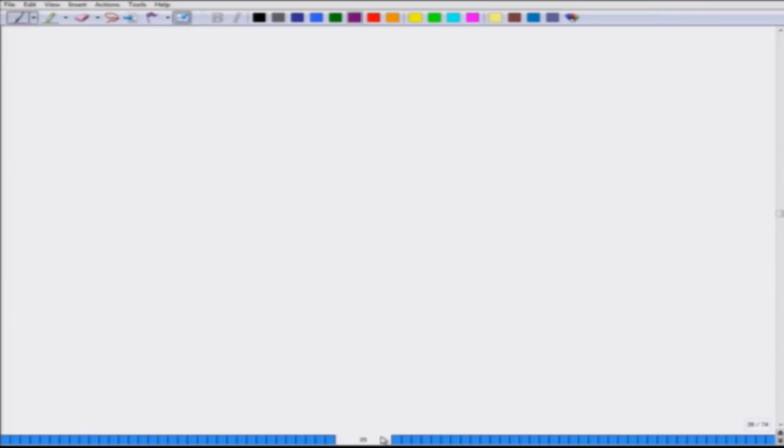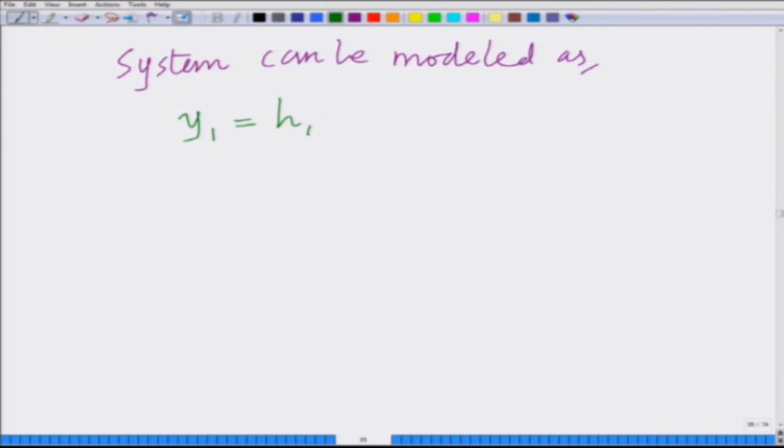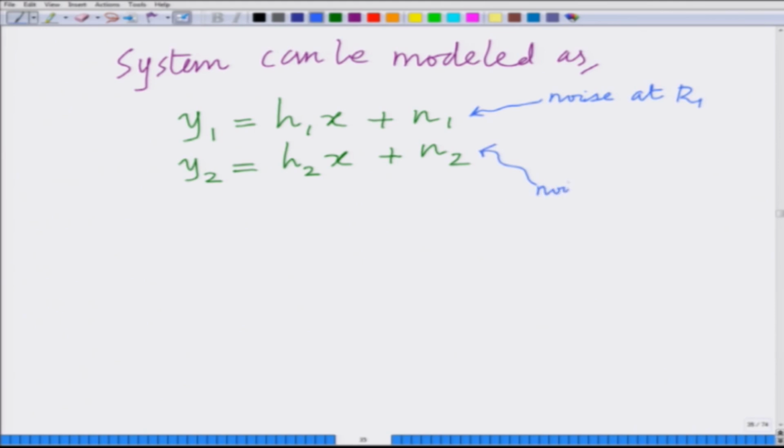Now, we would like to develop a model for this system. The system can be modeled as Y1 equals H1 x plus N1, Y2 equals H2 x plus N2, where N1 is the noise at receive antenna 1 and N2 is the noise at receive antenna 2.